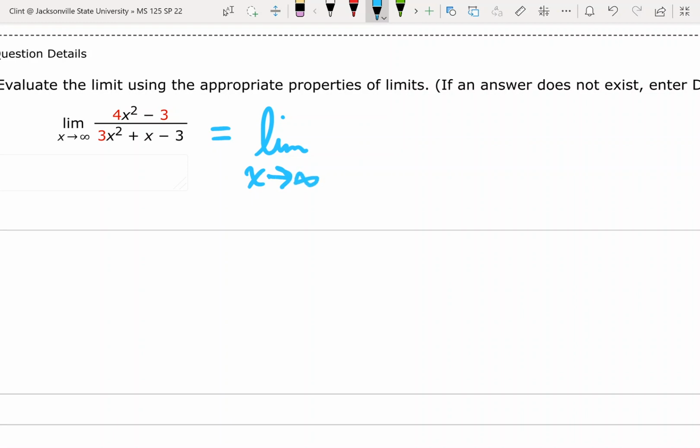So 4x squared over x squared would give us 4. Then we would have minus 3 over x squared. Bottom, 3x squared over x squared will give us 3. And then x over x squared will leave us with 1 over x, minus 3 over x squared.